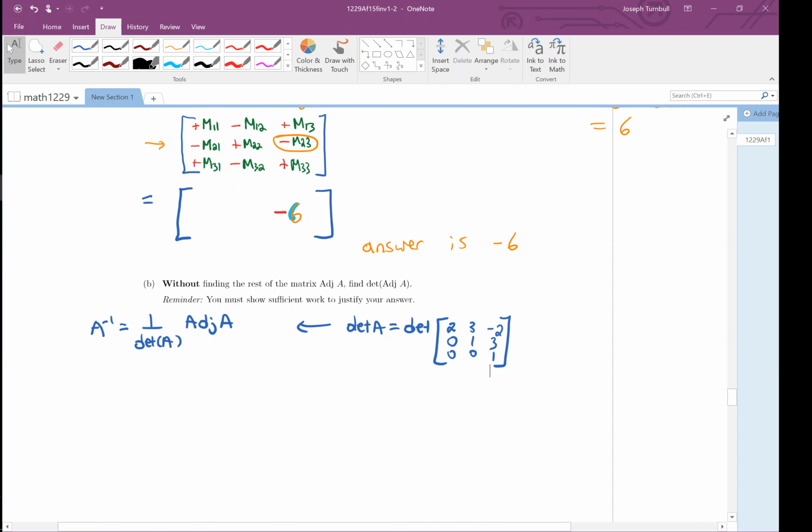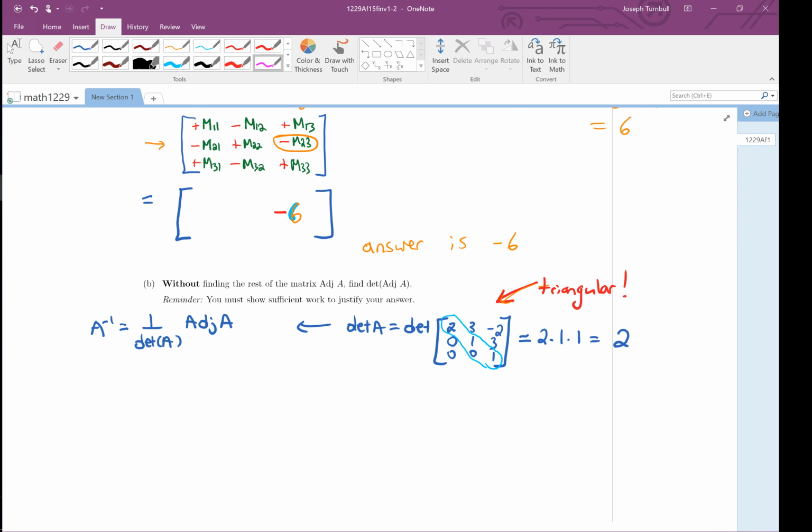And this is an upper triangular matrix. So the determinant is just the product of the main diagonal again. We don't need to do anything fancy. That's 2 times 1 times 1, so we get 2.